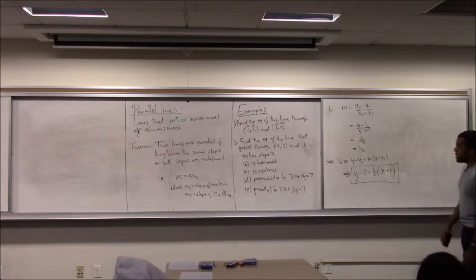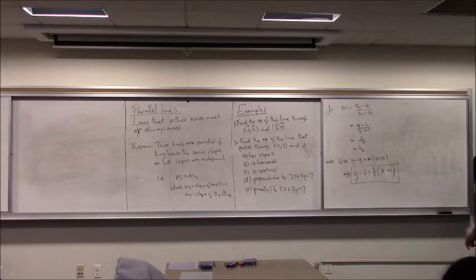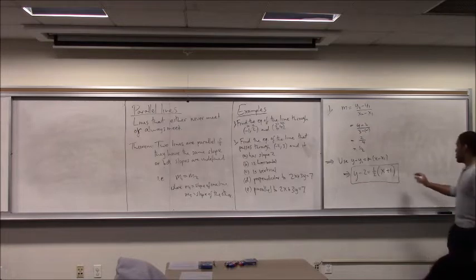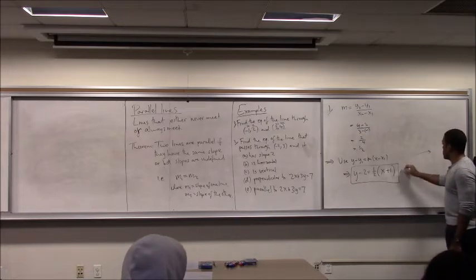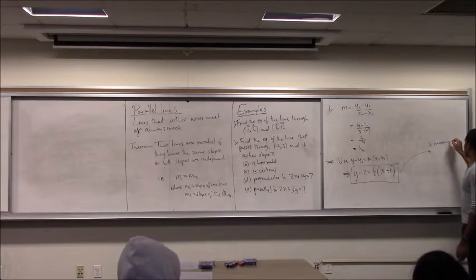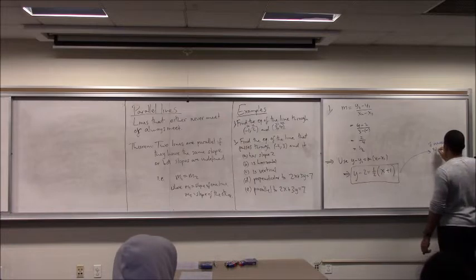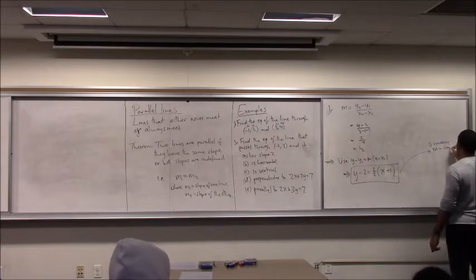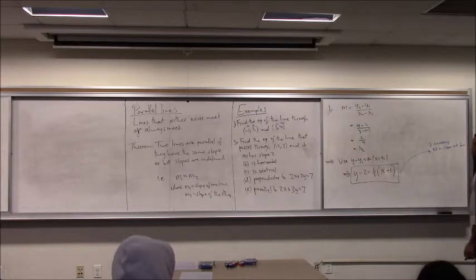Now, unless you're specifically asked to solve for y and put it in a certain form, I'd be fine with that. If your answer choice has it in the slope-intercept form, you should know how to put it in slope-intercept form. So in this case, you would solve for y.